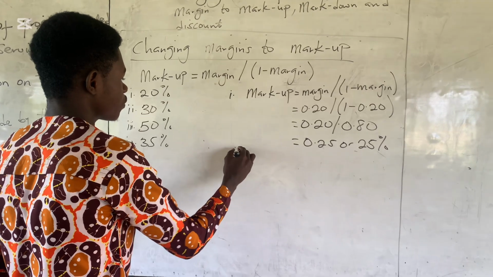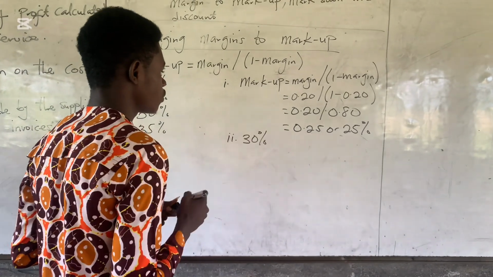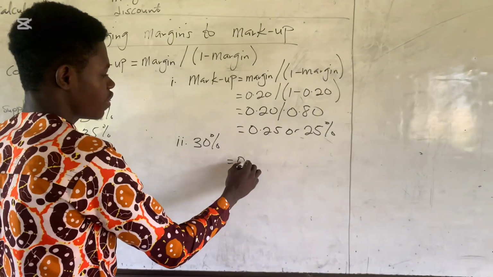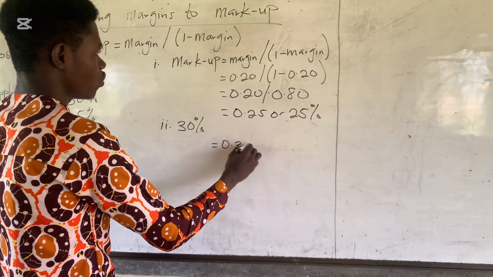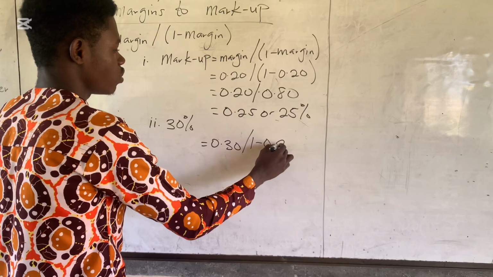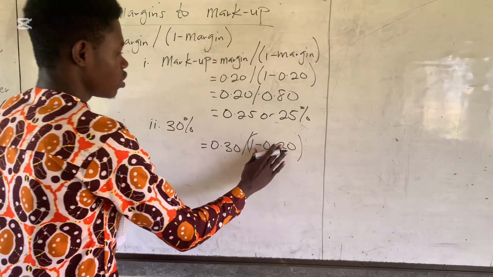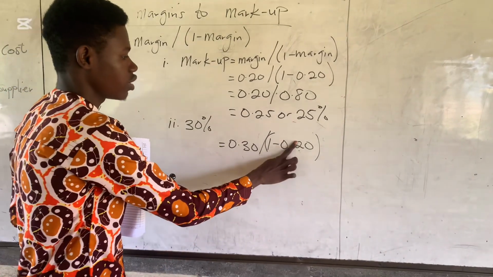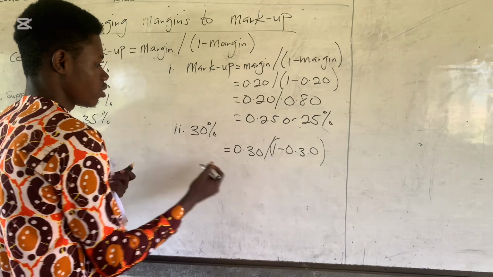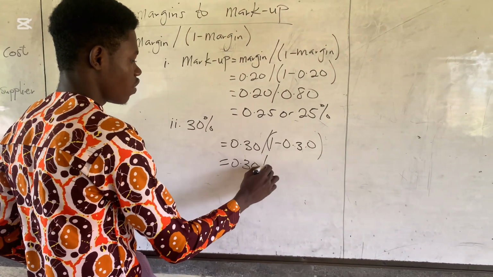Let's do the second one, which is 30%. So 30% can be expressed as 0.3 over 1 minus 0.3.